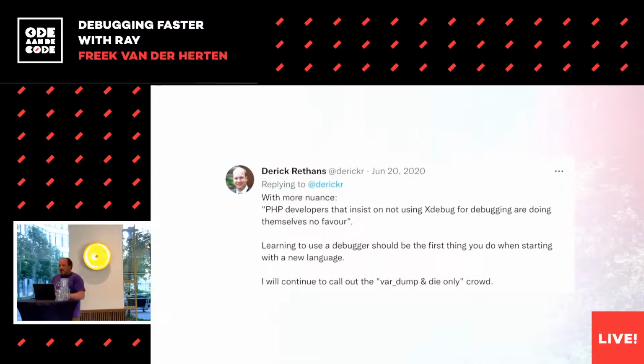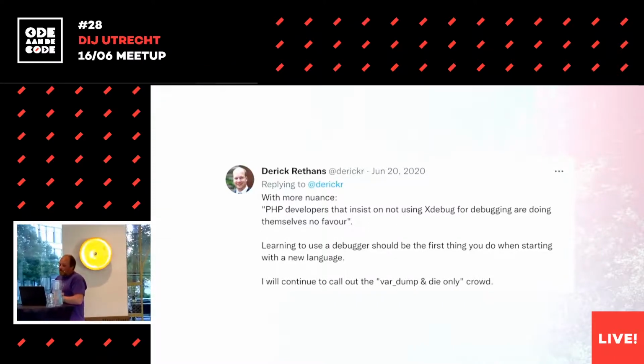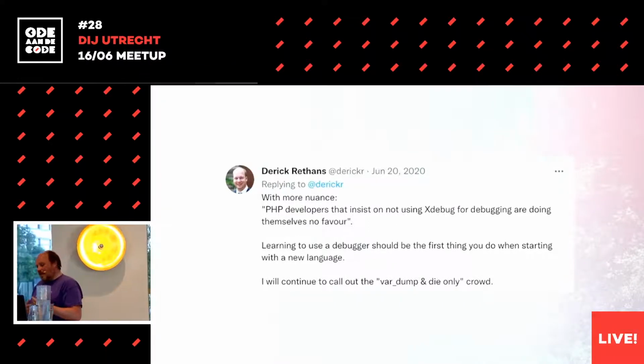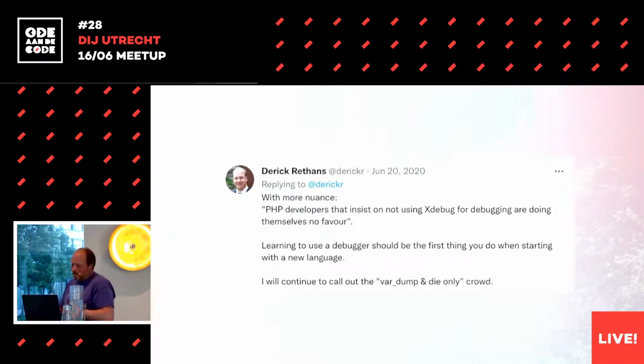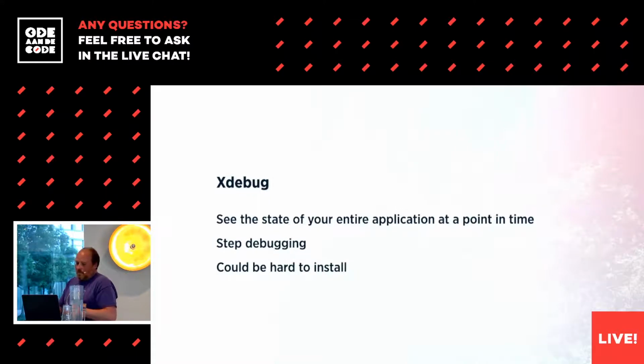Now, I know Derick a little bit. He didn't mean it that hard. He nuanced his statement a little bit, but still, he thinks that dump and die isn't the way you should do this.